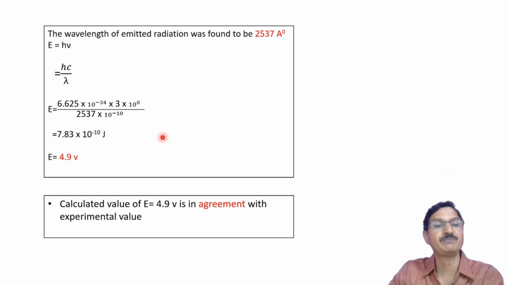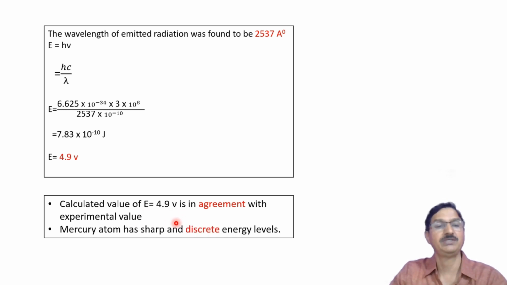Since there is agreement between this calculated value and the experimental value, Frank and Hertz proved that the mercury atoms have sharp and discrete energy levels. Hence, Frank and Hertz gave the experimental proof to Bohr's theoretical suggestion in the third postulate that the energy levels are discrete.